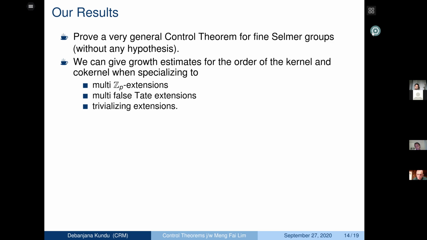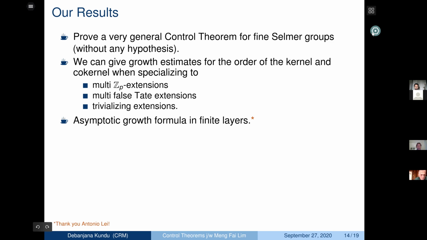These are extensions obtained by adjoining to your base field the p-power division points of the elliptic curve. And we're not only able to say that the kernel and cokernel are finite, but we're also able to give a bound on their growth.